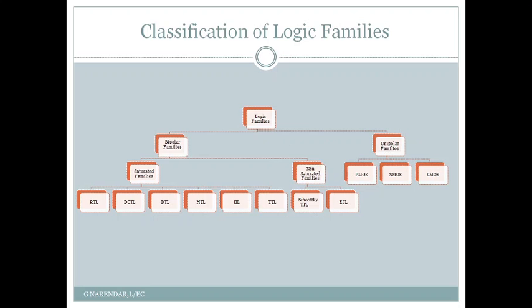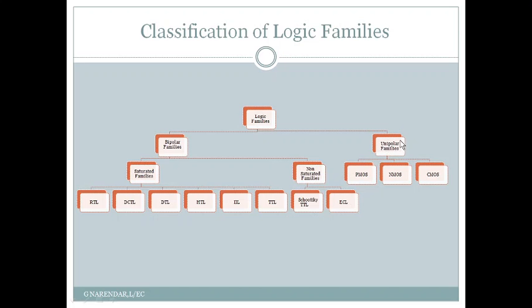If we use either diodes or transistors, which are bipolar in nature, to build the digital logic circuits, then all those circuits come under bipolar families. But on the other hand, if we use unipolar devices, that is field effect transistors, then those digital circuits will be part of unipolar families.